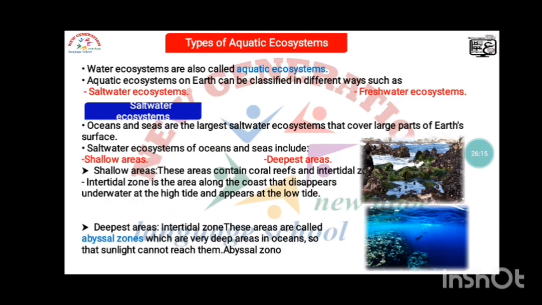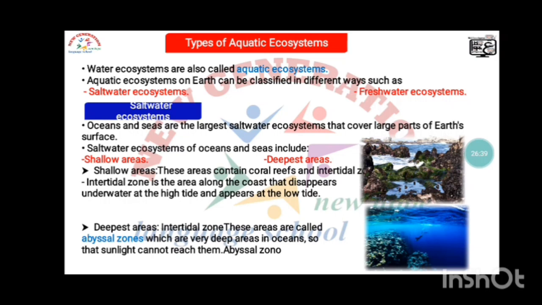And now let's talk about types of aquatic ecosystems. Water ecosystems are also called aquatic ecosystems. Aquatic ecosystems on Earth can be classified in different ways, such as number one, saltwater ecosystem, number two, freshwater ecosystem.